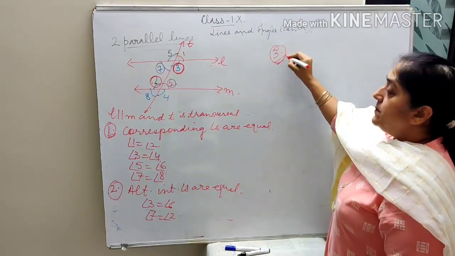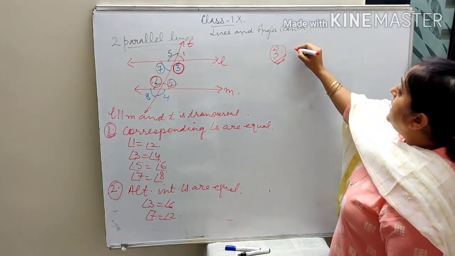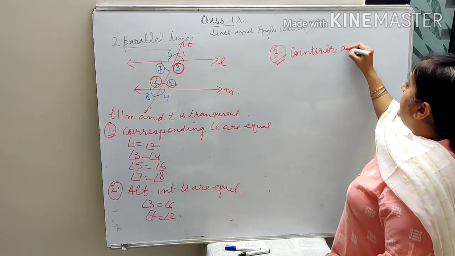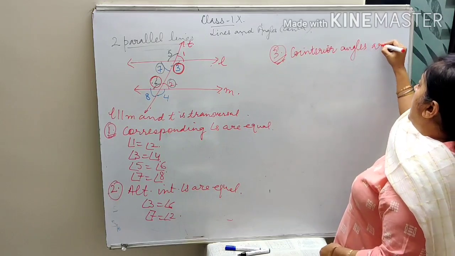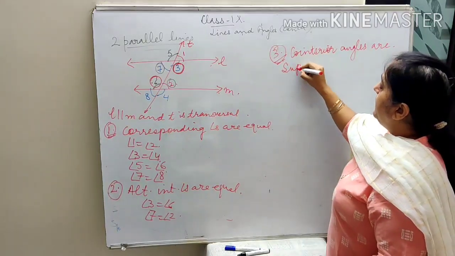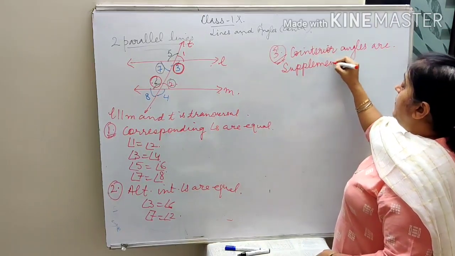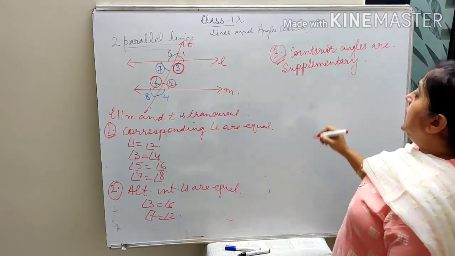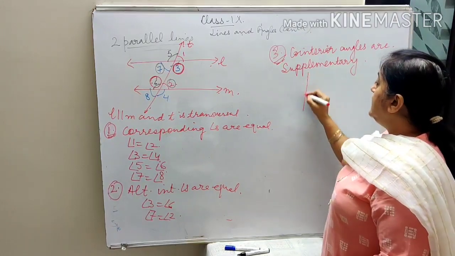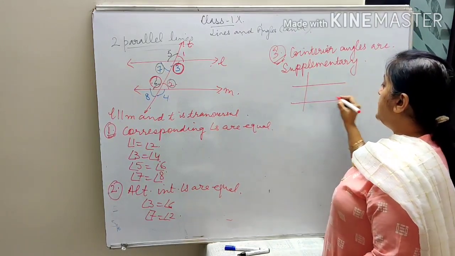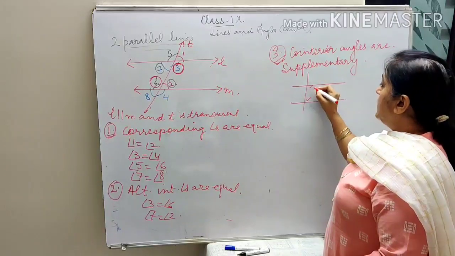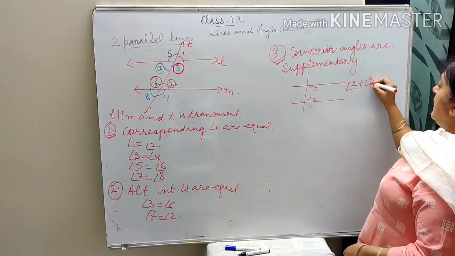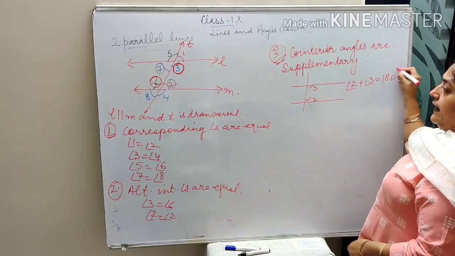Now the next pair which you can find out is co-interior angles. Co-interior angles are supplementary. Supplementary. What does it mean? It means if the 2 lines are parallel to each other, then their interior angles on the same side of the transversal. ये दोनों, तो यहाँ पर ये 3 है और ये 2 है, तो 2 plus 3 is equal to 180 degree.